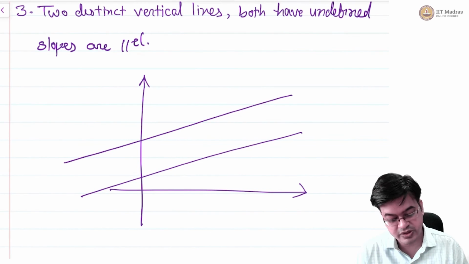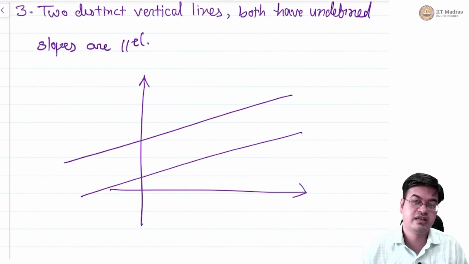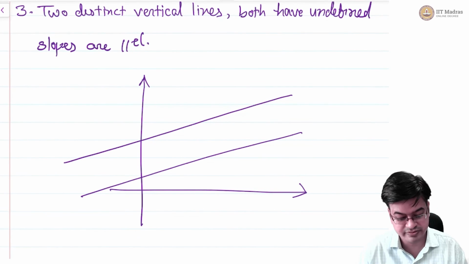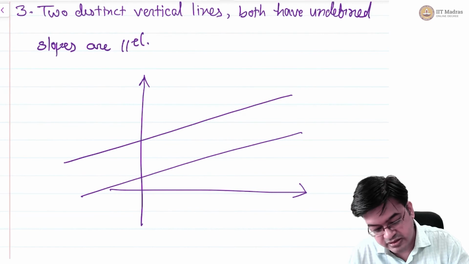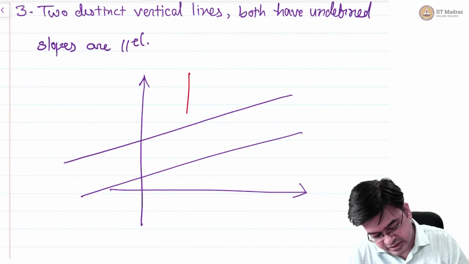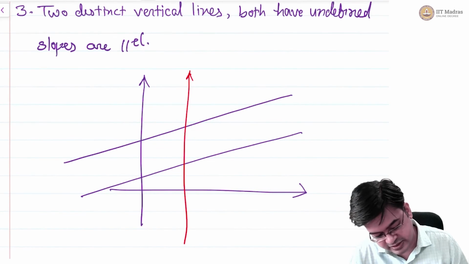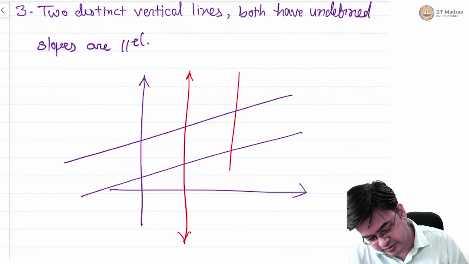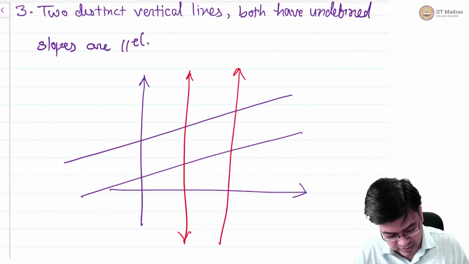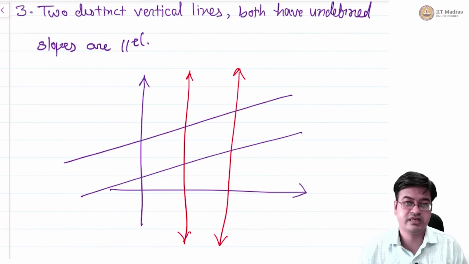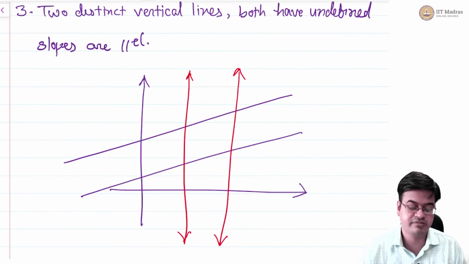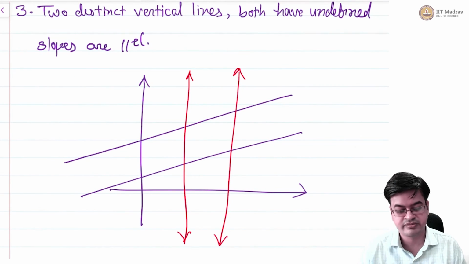Another way is, because these two lines are parallel, the rise by run ratio is the same. If you talk about vertical lines, they are anyway parallel to the y-axis. We have already seen they will not intersect with the y-axis, so they are parallel to the y-axis, and therefore they will not intersect with each other as well. Unless they are identical, they cannot intersect. That's all.